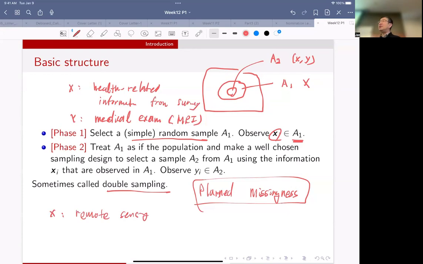You obtain proxy information from a picture taken from a plane, and then use the picture to classify or get a rough estimate of the information you're interested in.